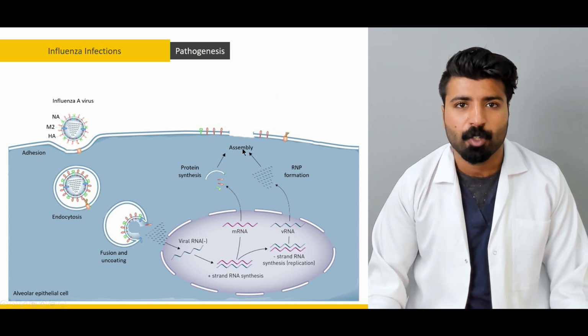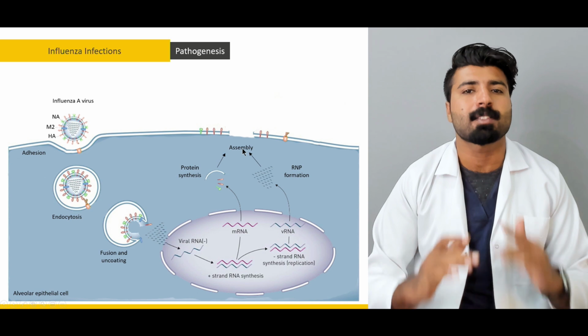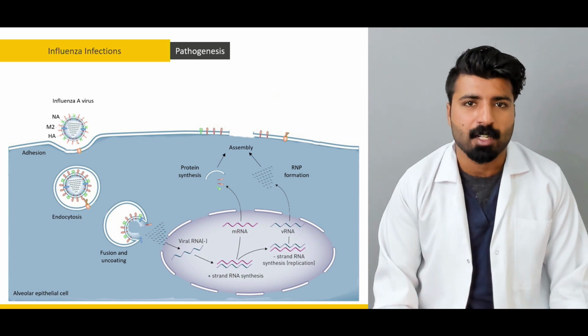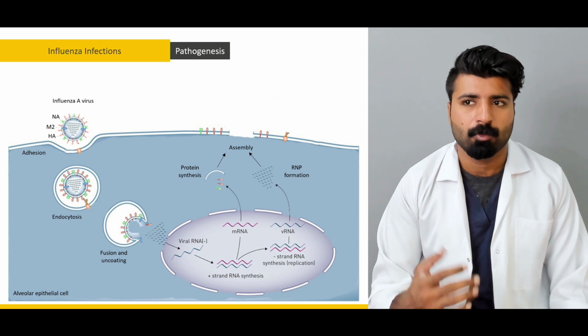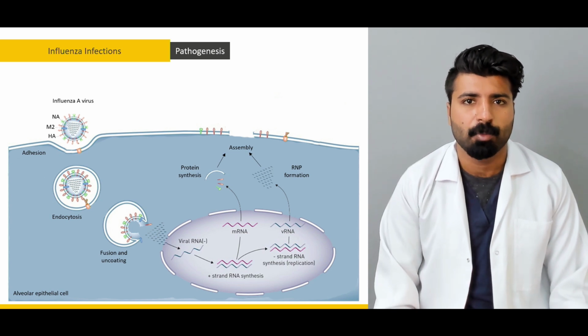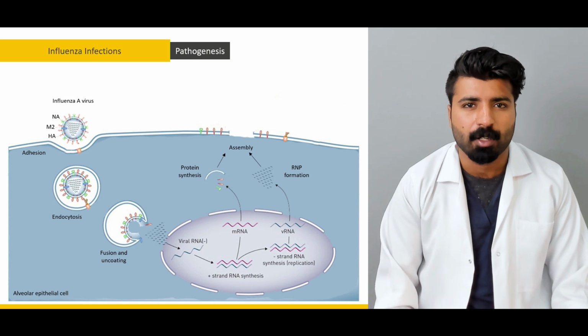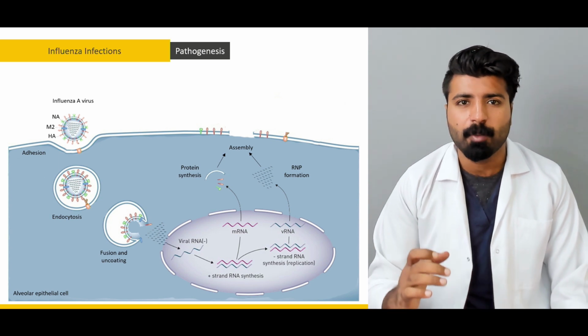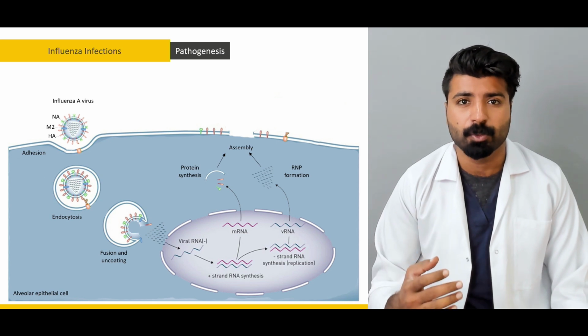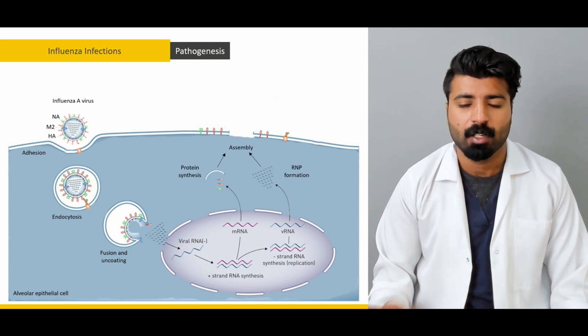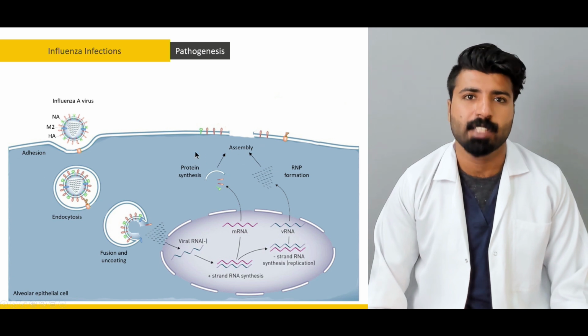Here the assembly starts. Why does assembly happen here? Why doesn't it go to the nucleus? Because if it goes to the nucleus, it gets trapped. So all of the material required for another virus to be generated is right here under the cell membrane.